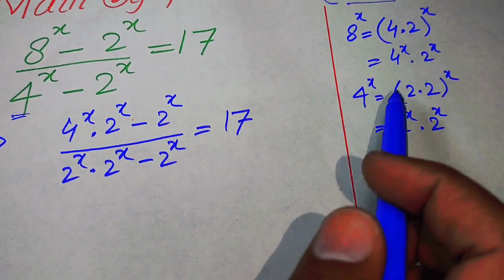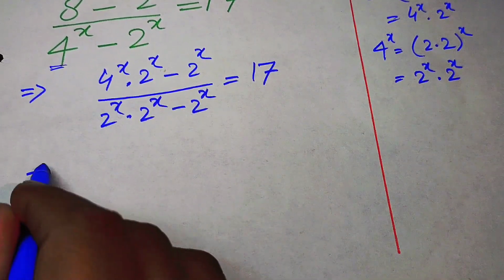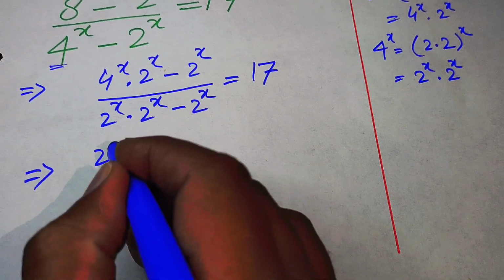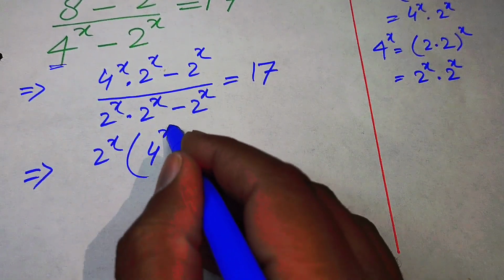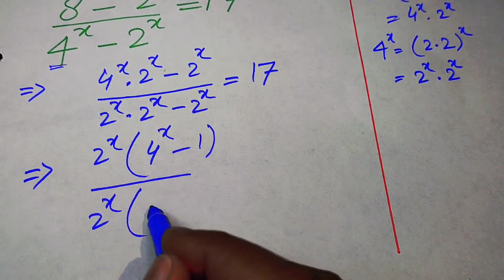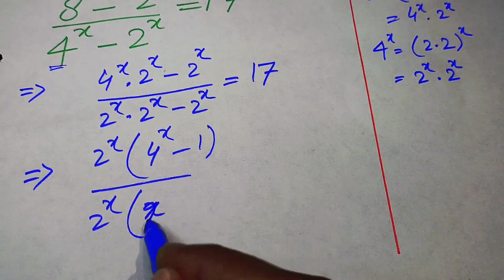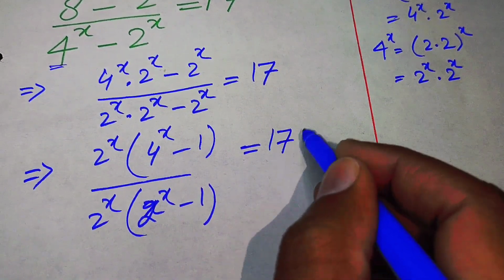We replace these two values here, and after that we take 2^x common from the numerator and denominator, and we get 2^x times (4^x − 1) over 2^x times (2^x − 1), equal to 17.